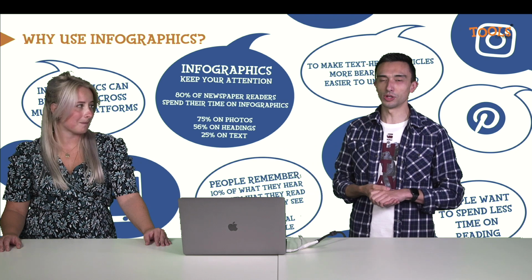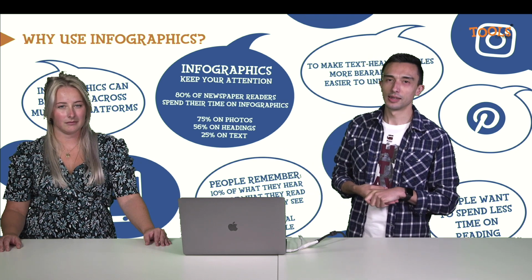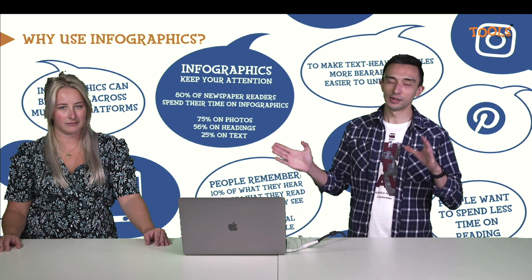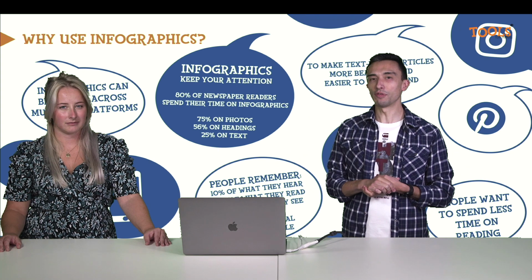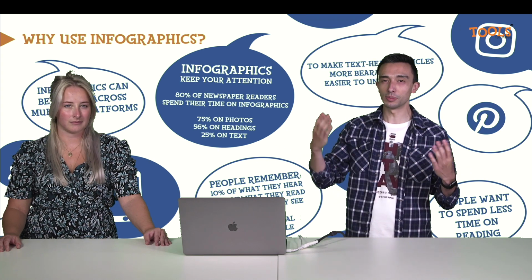You would like to take a look at that instead of reading the text. And that's true for a lot of other people as well, because they found out that 80% of the newspaper readers are attracted to those infographics, while only 25% of the readers are actually reading the complete text.